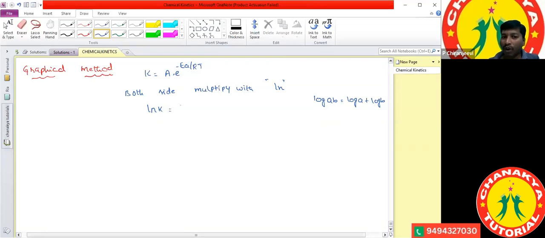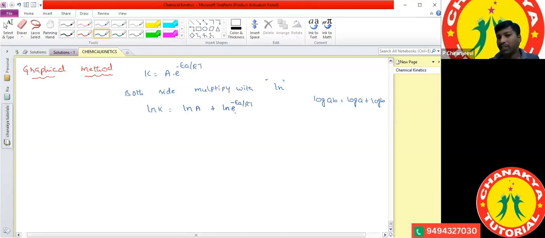So according to that, how can we write it? Natural log of A plus natural log of e to the power of minus Ea by RT. So this one is a power m.